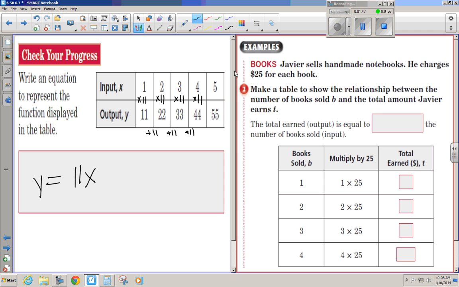So, taking a look here, this is an example. Javier sells handmade notebooks. He charges $25 for each book. That means, obviously, one book is $25. Two books is $50. Each time you're adding 25 to the previous amount.